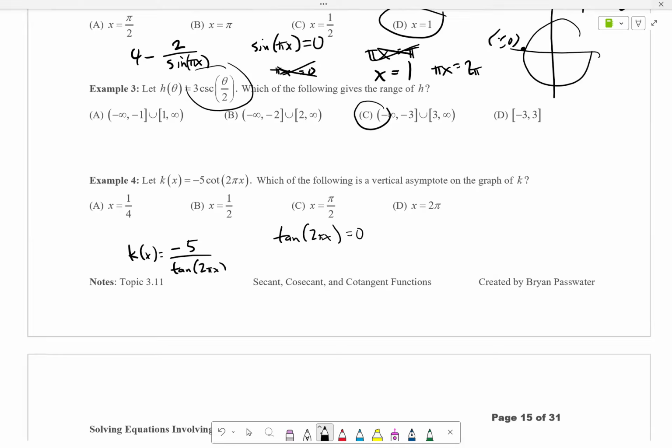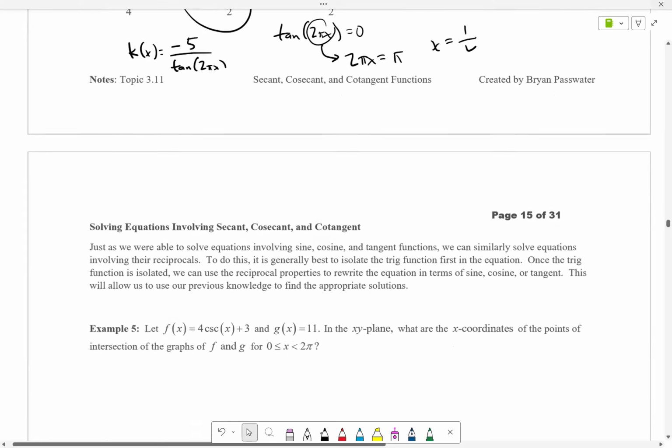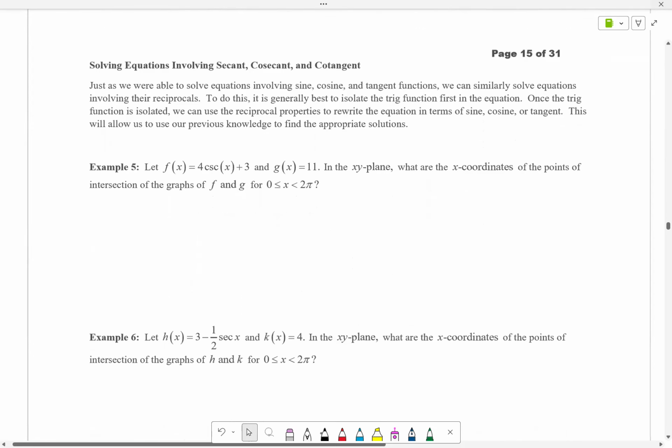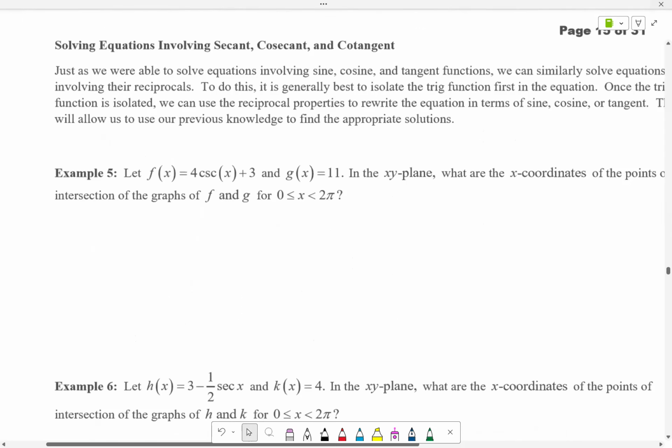Tangent of pi, do we agree tangent of pi equals 0? So x equals 1/2. Are we good? Nicely done. Perfect. Not yet, we have some equations to solve.